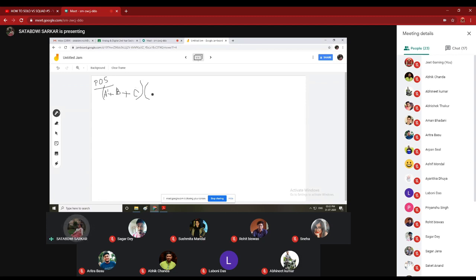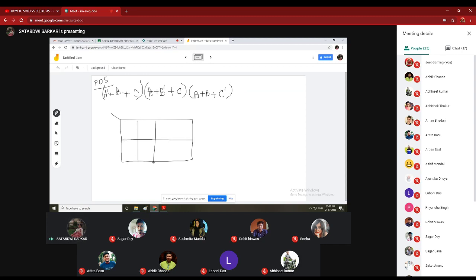Another one is A plus B bar plus C, and another form is A plus B plus C bar. So we have to design this K-map for these variables.